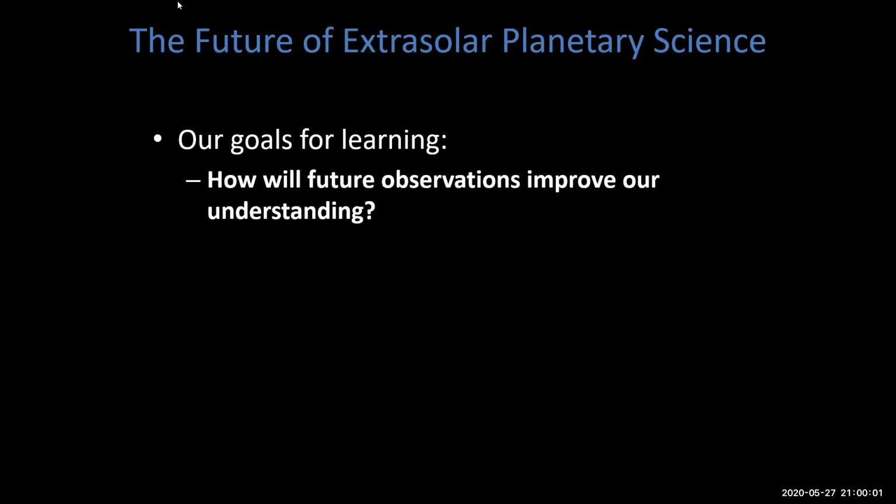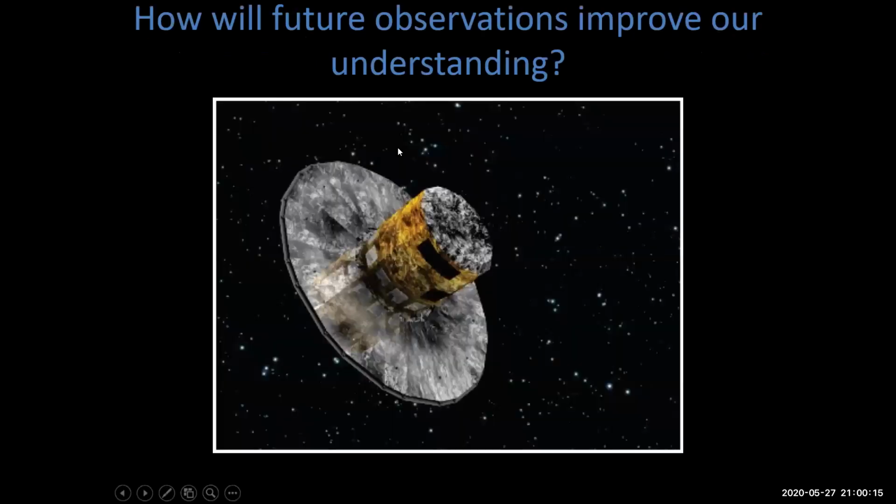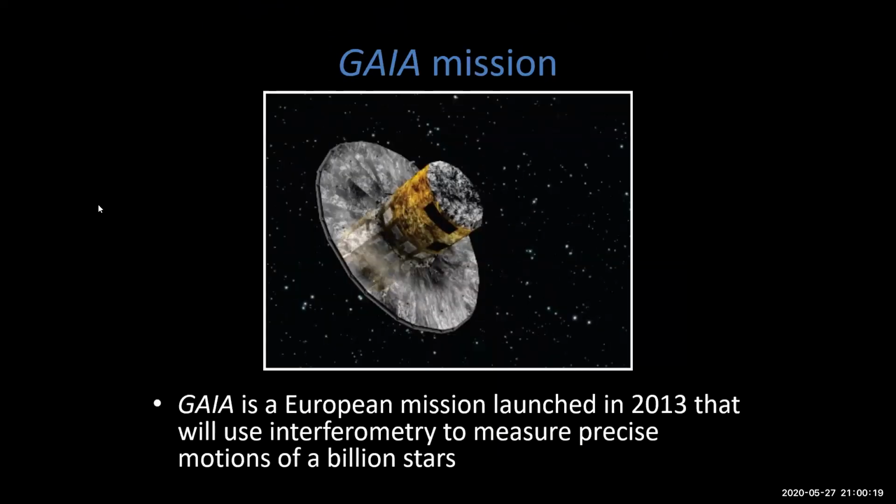There's a new spacecraft working on this same sort of method as Kepler that launched just recently as well. Let's see, and I think that's Gaia. So Gaia is one.